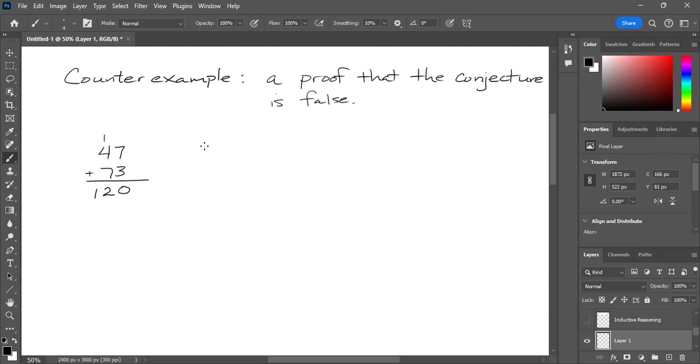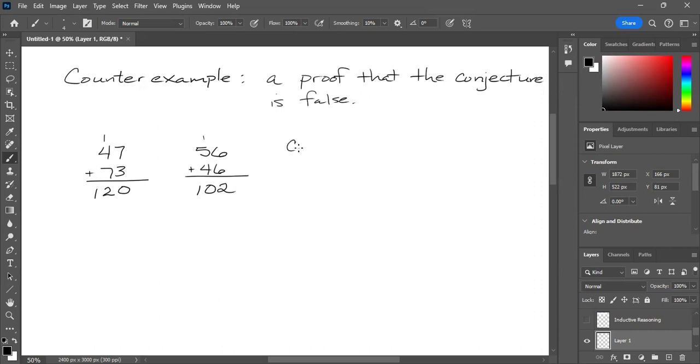If I take another two numbers, 56 and 46, and I add those together, 6 plus 6 is 12, write the 2, carry the 1. 5 and 4 are 9, plus 1 is 10. So we get 102.